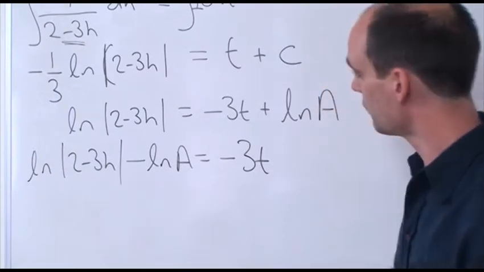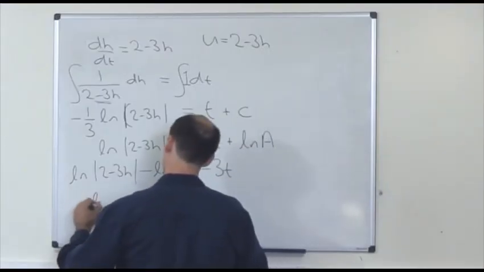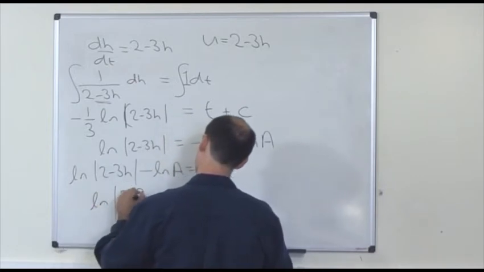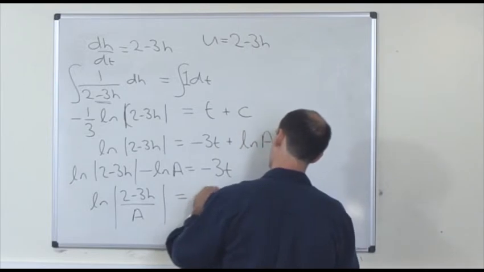If you remember your rules of logarithms, if I've got one logarithm minus another one, I can write that as the logarithm of 2 minus 3h divided by a is equal to minus 3t.